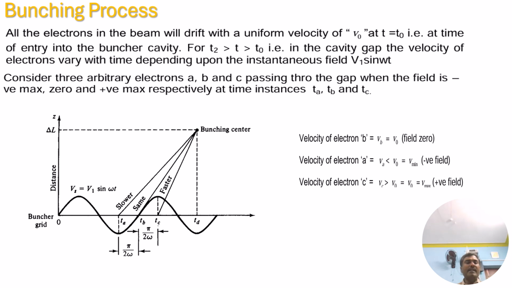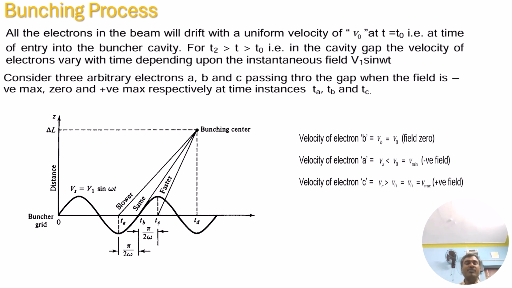This diagram demonstrates how the bunching process takes place after the velocity modulation process. The electron which falls at time Ta is decelerated because of the negative RF field. The electron which falls at time Tb travels with unchanged velocity due to zero RF voltage.